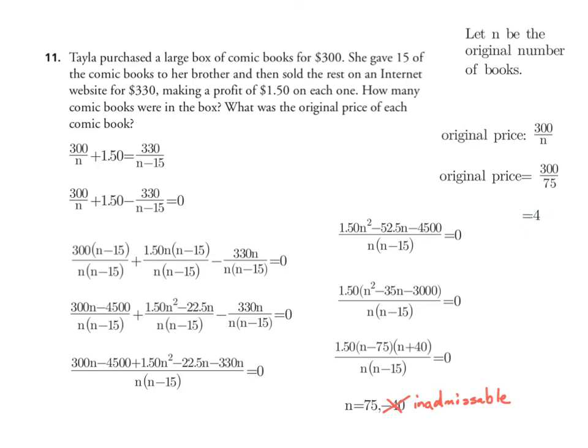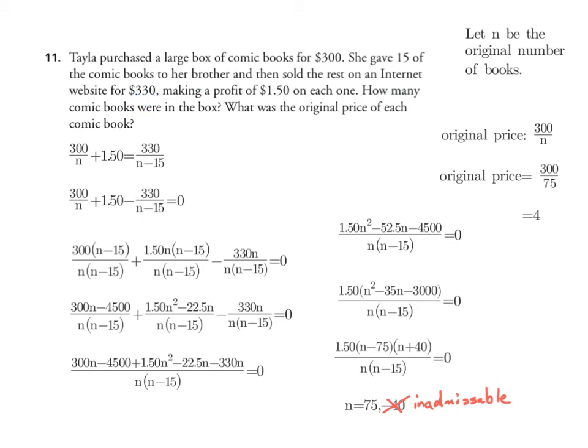Let's double check if that makes sense. So she purchased comic books for $300. There were 75 books, each $4. That cost $300. That makes sense. She gave 15 away, so now she only has 60 books. And then she sold them for $330.